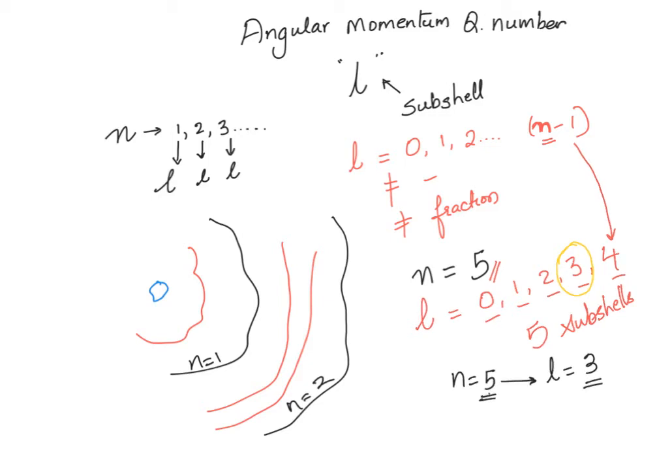So what do we do? We represent l also with letters. We can say this electron is located in n5 and l3.